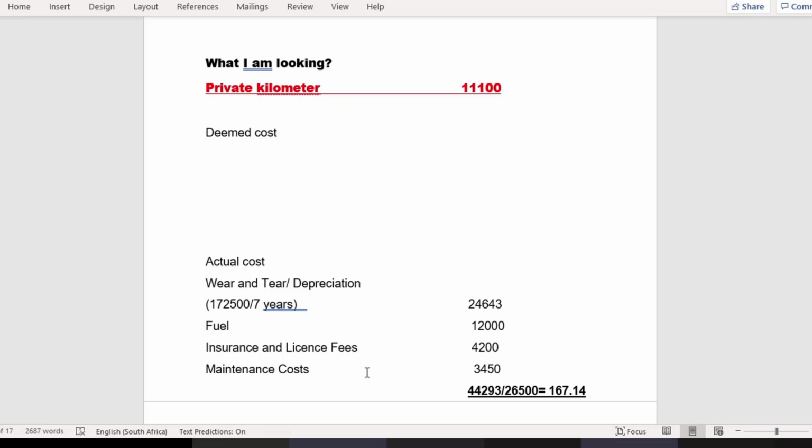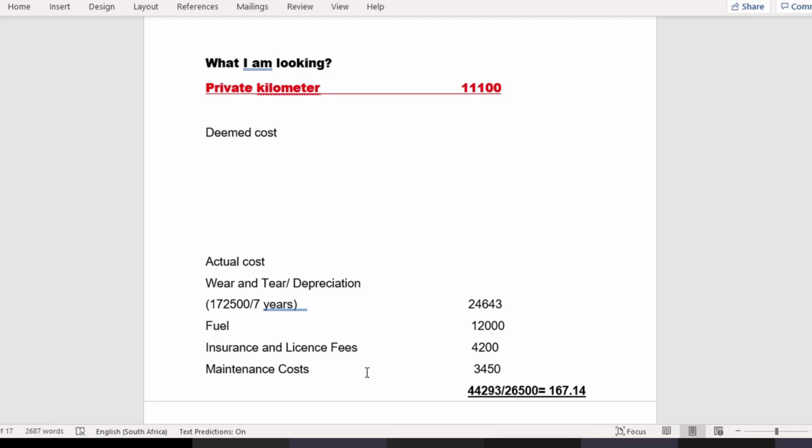Because on the other exercise in the study guide, they ask you to calculate travel allowance, and they tackle it in a way whereby you don't have to calculate actual cost. And then in another question, you have to determine the actual cost also. How do I determine between the two what I'm required to do?